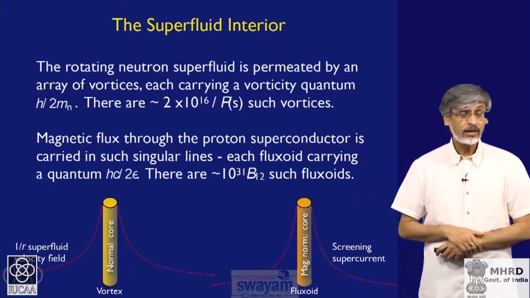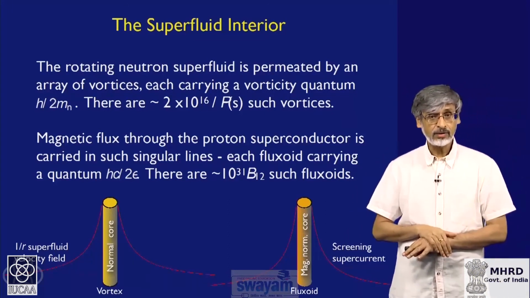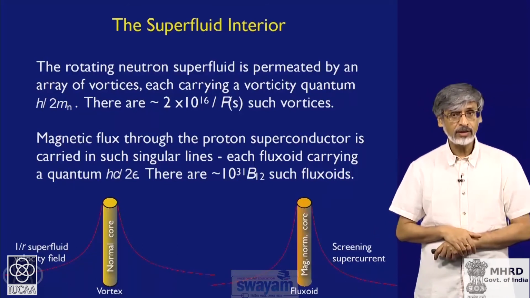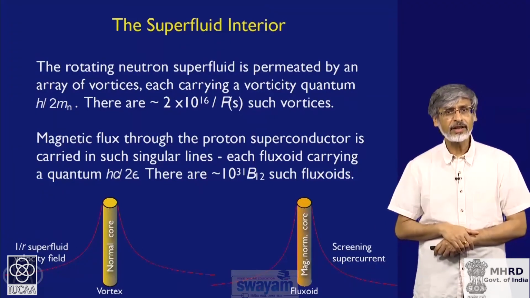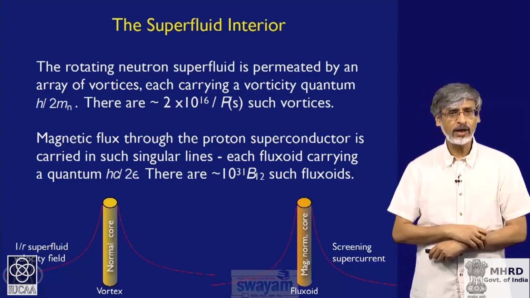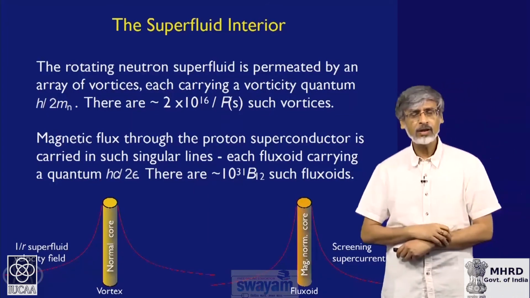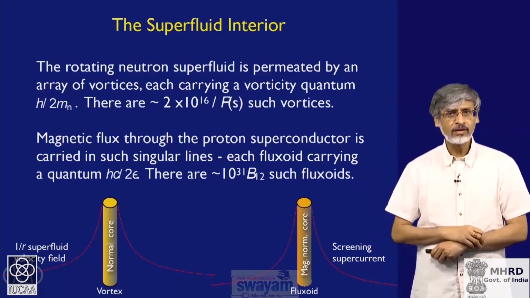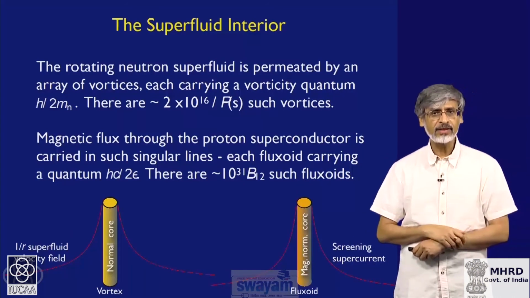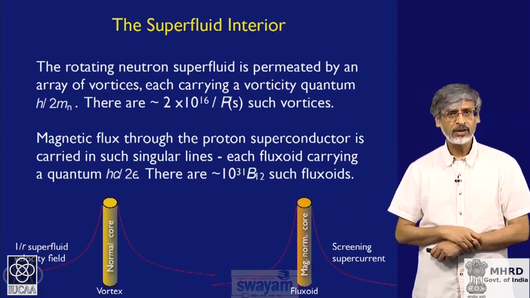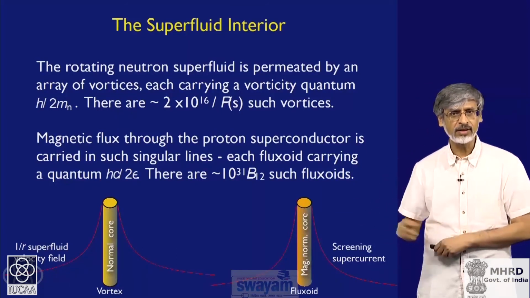On the other hand, superconductor, which the protons make, cannot in general carry a magnetic field. Magnetic field should either be expelled or should be carried in quantized fluxoids, and it is the latter which is believed to happen in the proton superconductor which is in the interior.